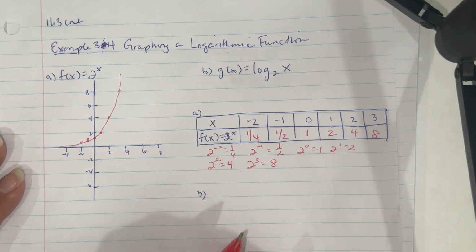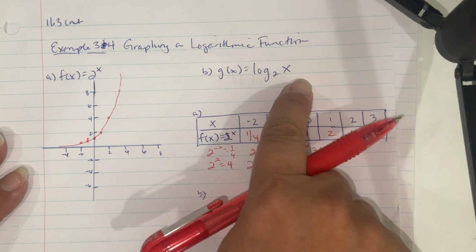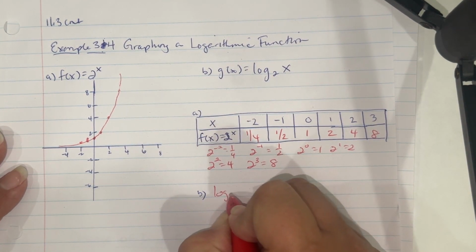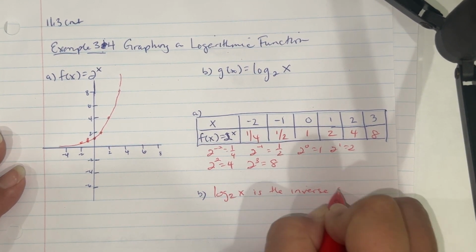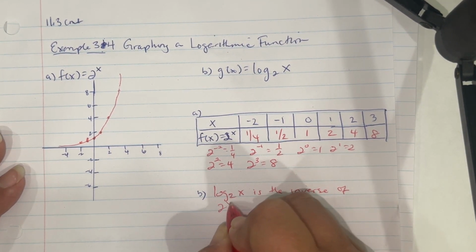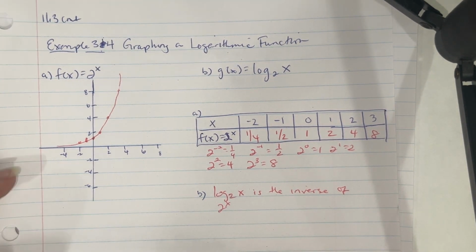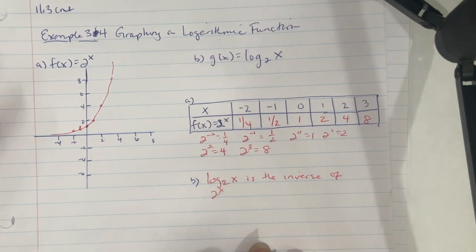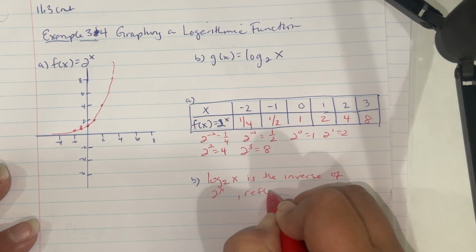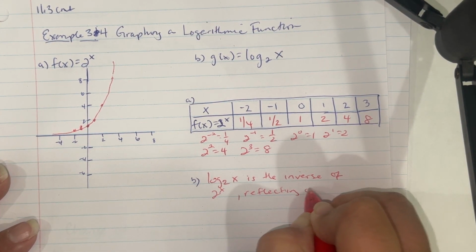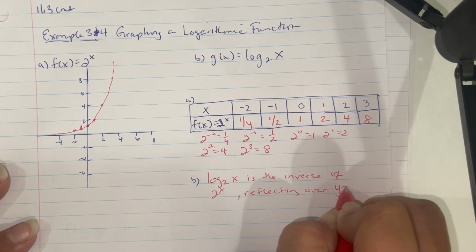Now, we need to remember that log sub 2 of x is the inverse of 2 to the x. So if we are reflecting it, you're going to reflect your graph over the y equals x line.